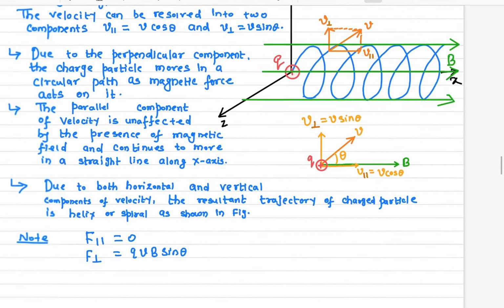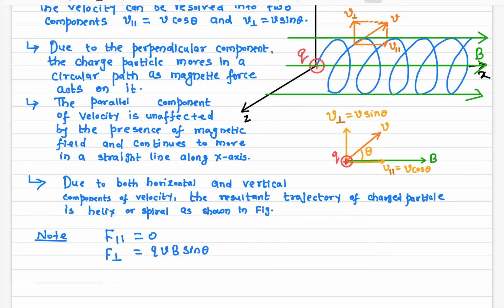As there is no magnetic force acting in the direction of the magnetic field, the charged particle will continue to move unaffected in that direction. And due to the perpendicular component, the charged particle will move in a circular path.